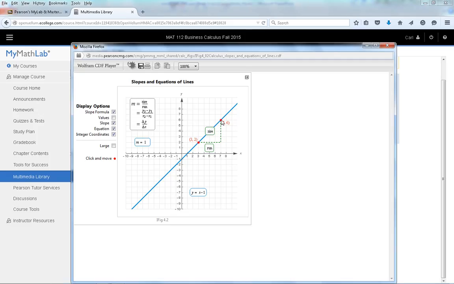If you look at a horizontal line, keep in mind a horizontal line has what slope? It has a 0 slope. Notice that x can change. You can be anywhere along the blue line, and you're changing the x values. For example, I can pull this back here. Notice the x value is -4 in this point, and the x value is +8 in this point. But notice the y value is constant. It's the same.